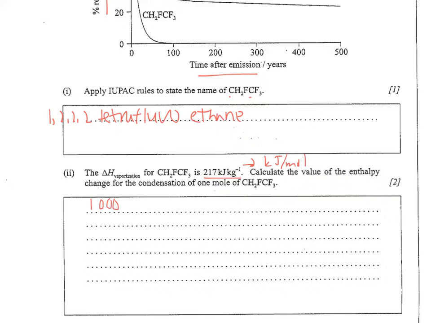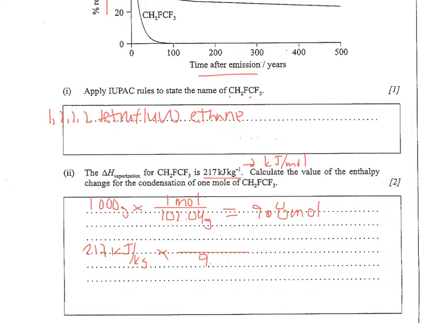So 1,000 grams of this stuff, if I converted it to moles, with 102.04 grams per mole, adding up all the pieces, would be 9.8 moles when we're talking about 1 kilojoule. So if I know that 217 kilojoules per kilogram is released, I can now multiply by the 9.8 moles in a kilojoule.